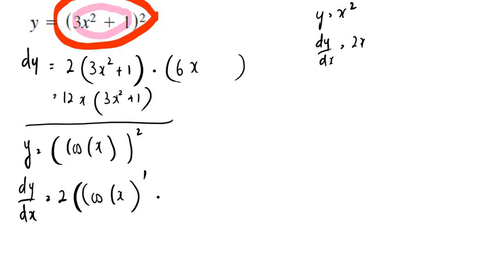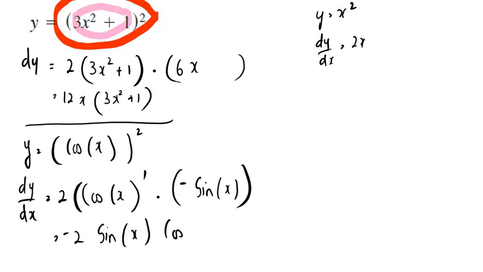So it should be 2, you write the baby function, 2 minus 1 is 1, and then you differentiate the baby function, which is cos x, giving minus sine x. You can take the minus out, so we get minus 2 sine x cos x. That's the differentiation of this function.